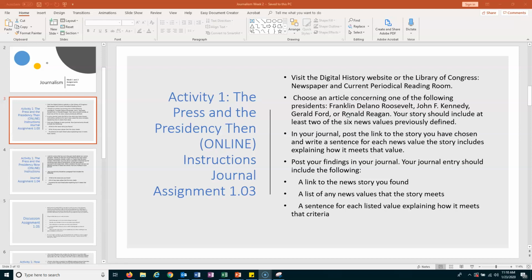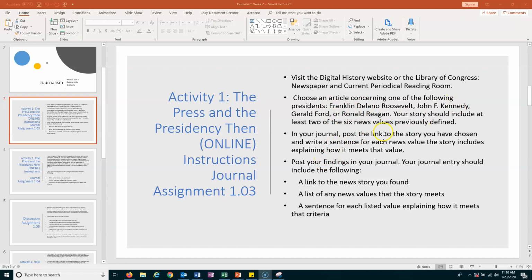You're just opening a blank Word document, typing on it and submitting it. So that's technically your journal. Okay, so just to clarify that. For this, you're going to look at one of 4 presidents. You can either choose Roosevelt, Kennedy, Ford, or Reagan.